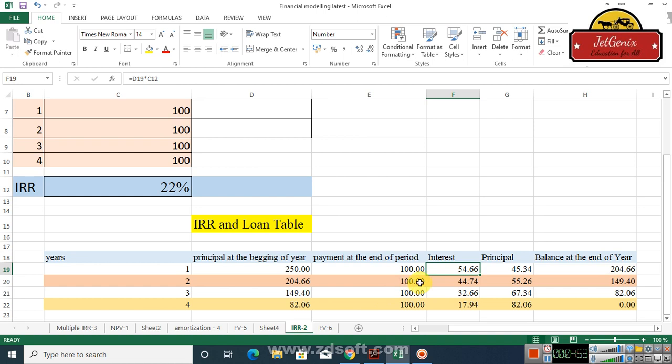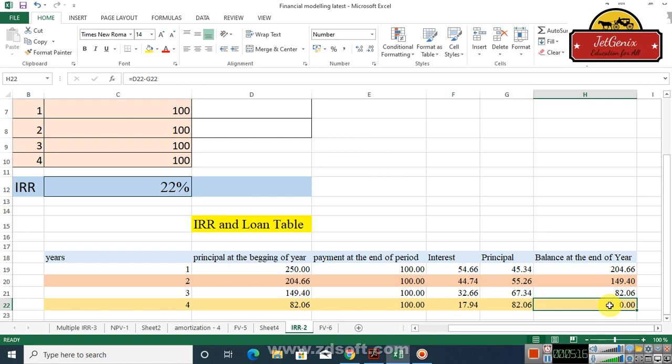In the next period, because the principal amount is lower, not equivalent to the 250 rupees, the loan amount is now 204 only. That's why the interest payment is also lower and the principal is bigger than the last year. Now if you come here to year 4, the ending balance is 0.